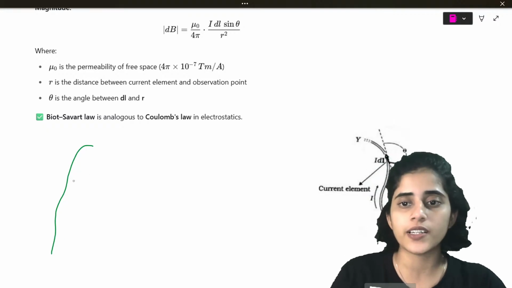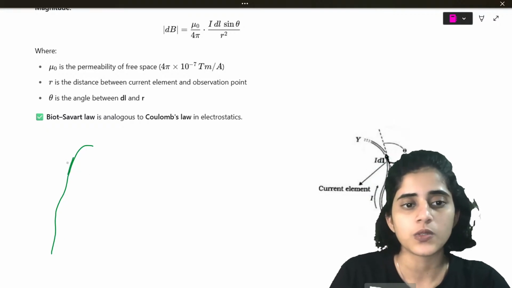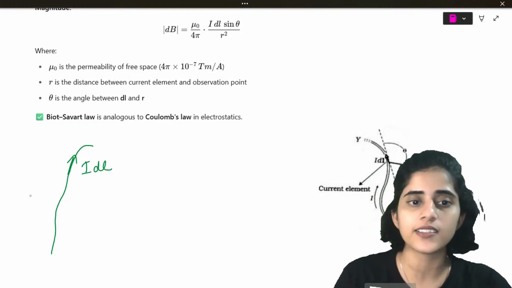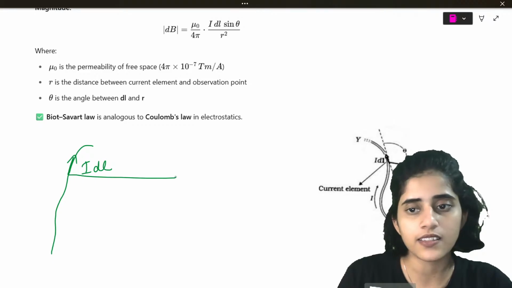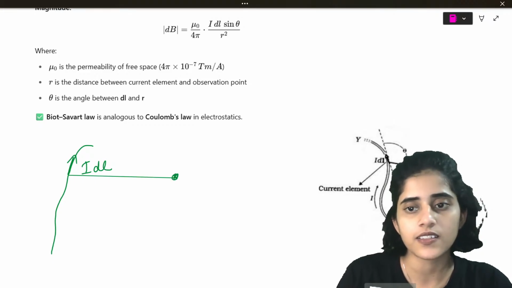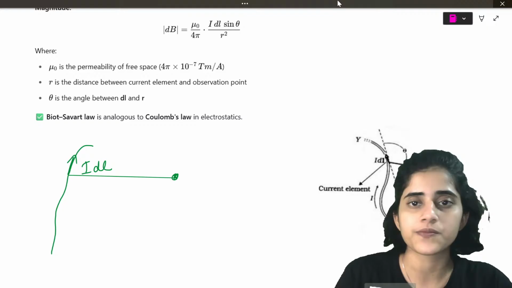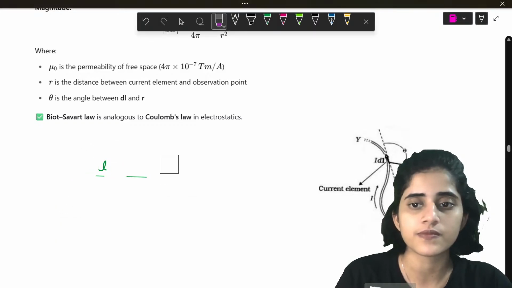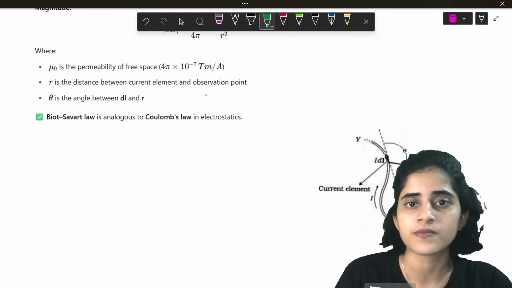It's a straight wire with current I dl. Okay.